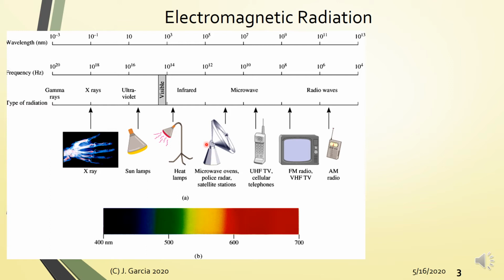A good reference point would be this narrow region here, which we call the visible region. We call it visible region because it's the range of wavelengths that is visible to the human eye. Roughly it's around 400 nanometers to 700 nanometers, so from the color violet to red. All right.